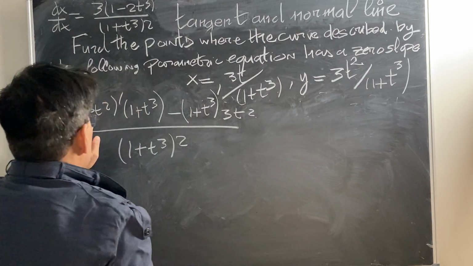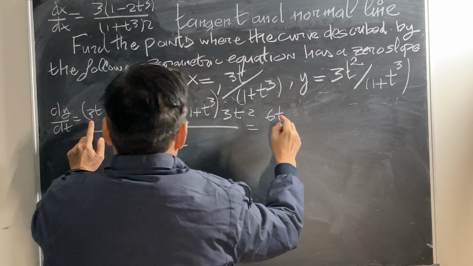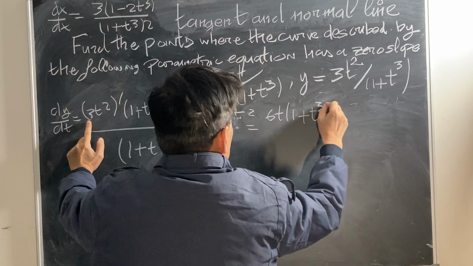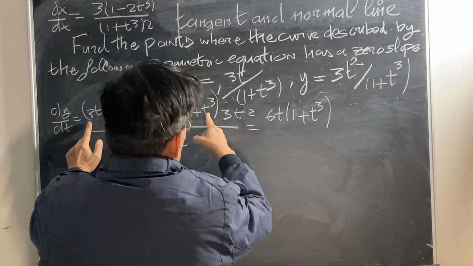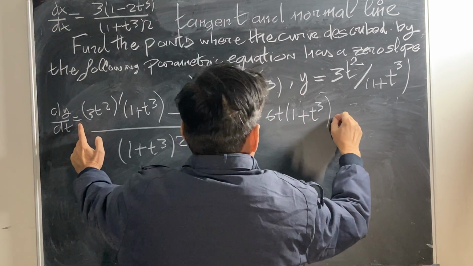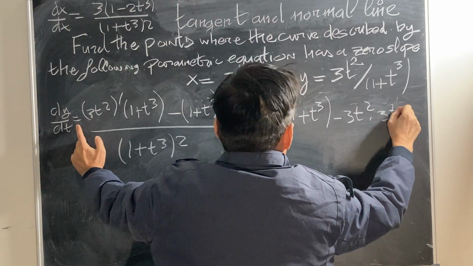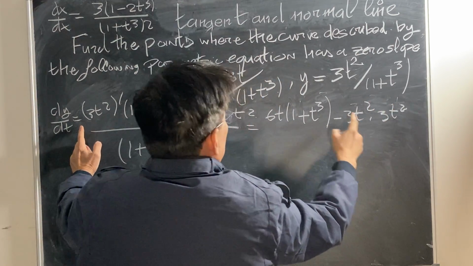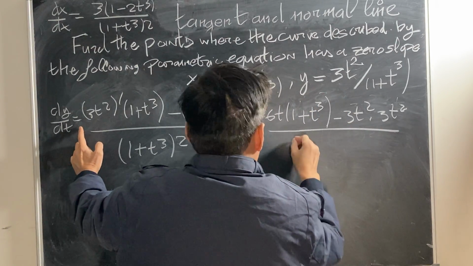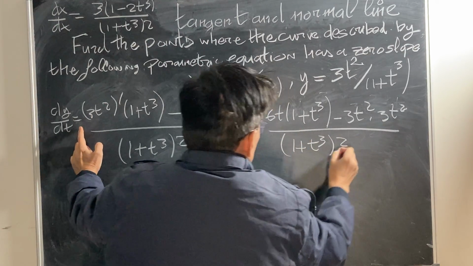Okay, so the derivative of 3t squared is 6t, times 1 plus t cubed, minus the derivative of 1 plus t cubed, 3t squared, times 3t squared, divided by 1 plus t cubed squared.